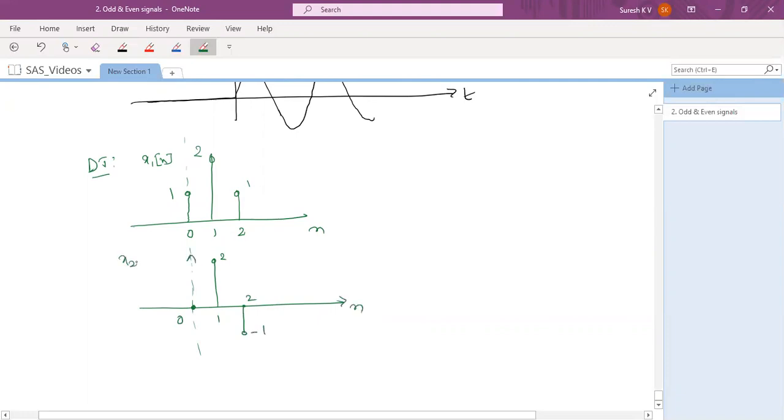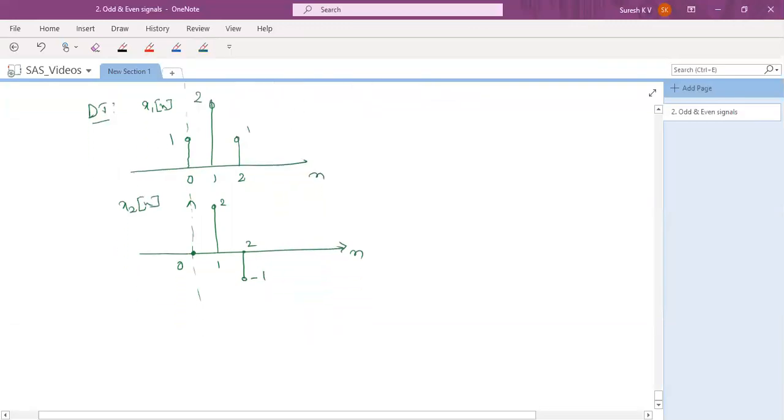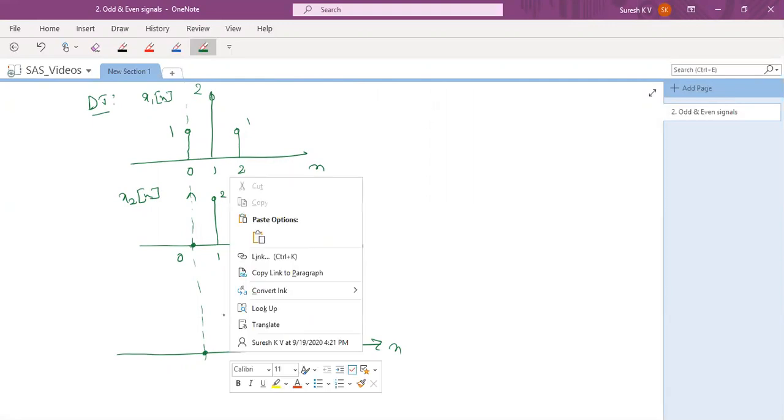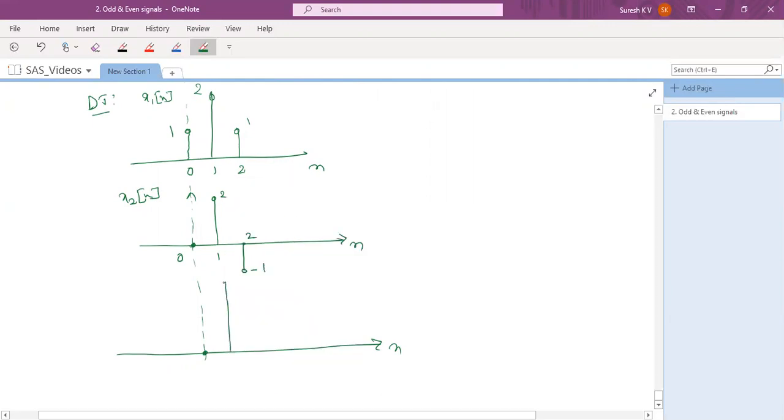This is x2 of n. When I multiply these two signals, at 0, one of the values is 0, so 0 into anything is 0. At 1, one value is 2 and the other is 2, so 2 into 2 is 4. At 2, one is 1 and the other is minus 1, so 1 into minus 1 is minus 1. So this will be the output signal y of n. This is how we can perform multiplication of two signals.